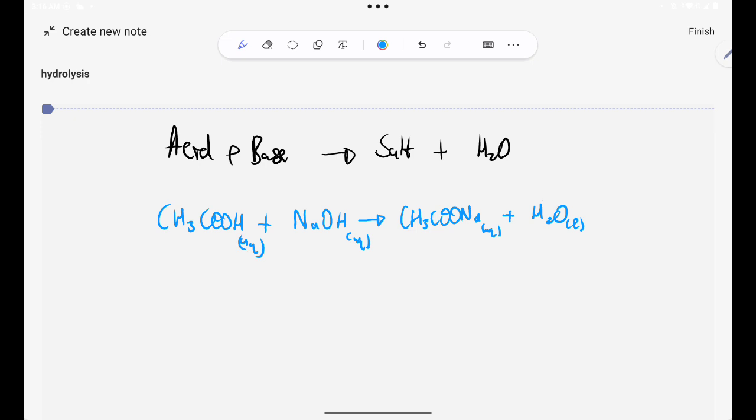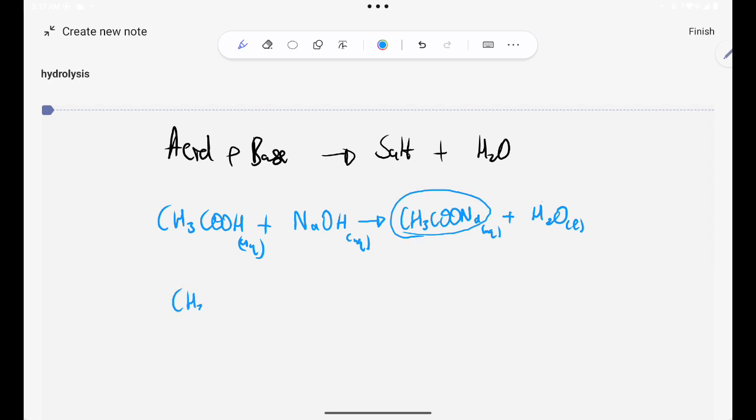Okay, the first thing I need to do is to take my salt and dissociate it. I have CH3COONa. Whenever I dissociate this, I will have CH3COO minus plus the Na plus ion.